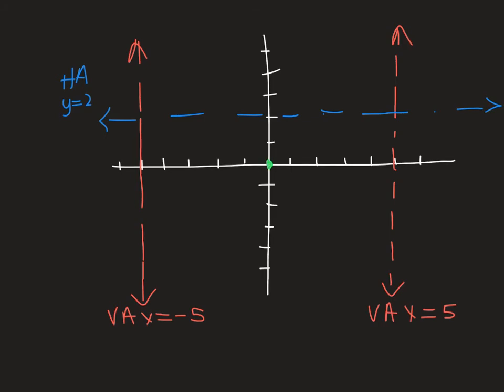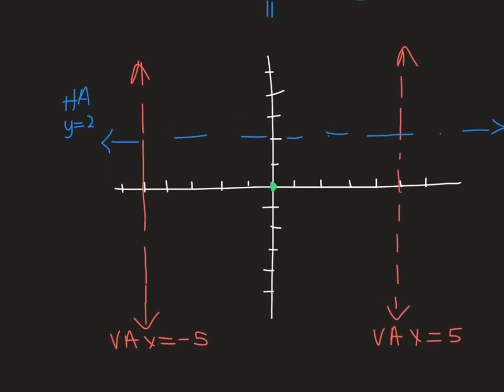Okay, and we can also now plot some points from when we did our critical values. We have the point negative 6, 6.5. I didn't quite go far enough up, but it's going to be about right here.